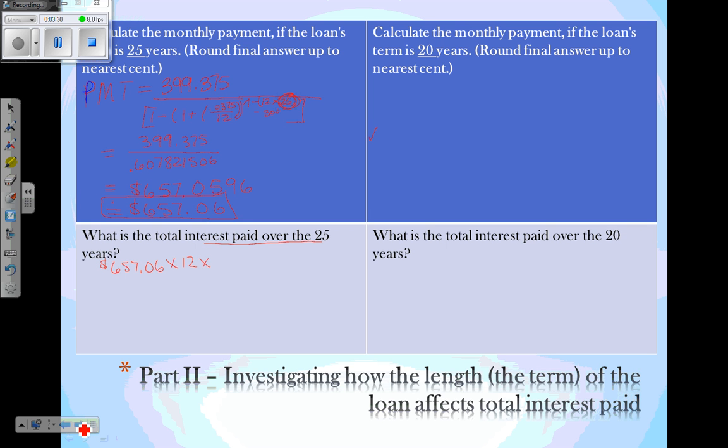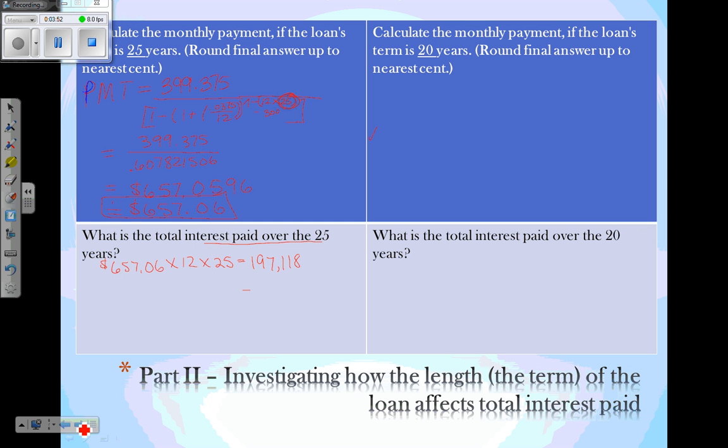Now this time, since we're only doing 25 years instead of 30, I'm going to multiply that times 25. And when I did that on my calculator, I got $197,118. And that's how much you're paying total over the 25 years.